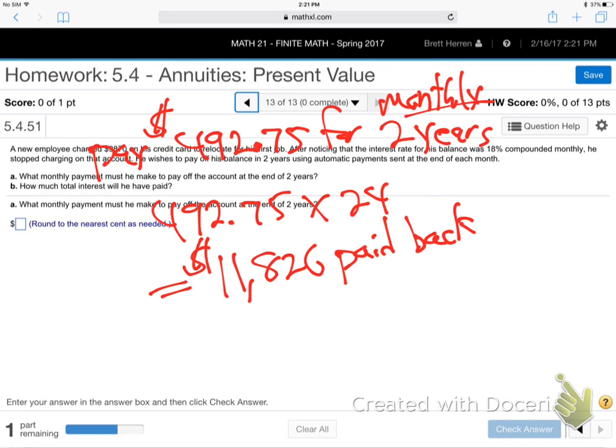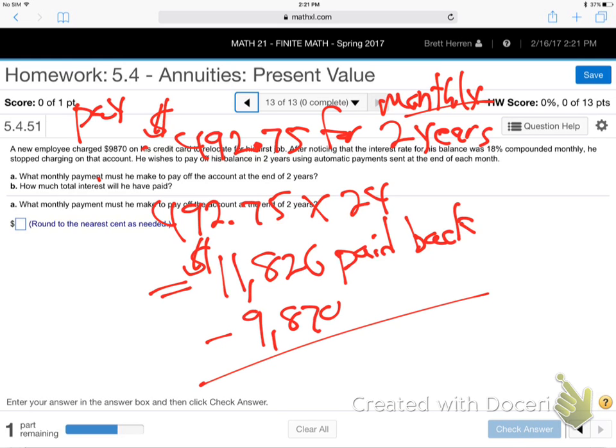Now, what was the original debt he took? So subtract the $9,870 because that's what he borrowed. Subtract the 9,870, and you get $1,956. That's the interest, right? Because that wasn't what he owed. He borrowed the 9,870.